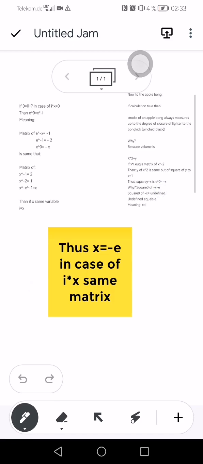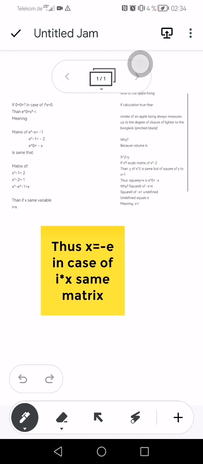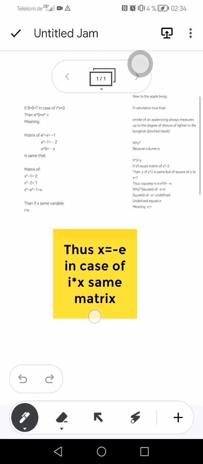Because if x, too many variables, y of x square 2 is basically x square minus 2 equals 1.